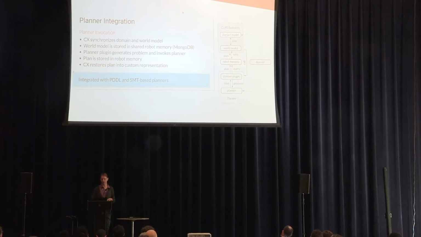So we've integrated this with two kinds of planners, one with PDDL-based planners, and on the other hand also with SMT-based planners. It works slightly differently because it cannot take the PDDL domain directly, so we need to do some more translation work. But that's just to say that what we're doing does not only work for PDDL-based planning, but it can also be adapted to work with other modes of planning.